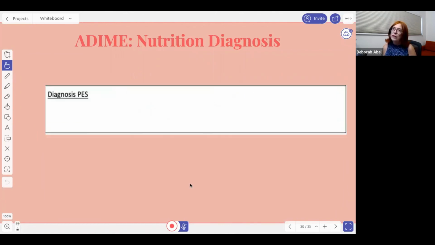Most of the points that you earn for this scenario are in the ADIME note, particularly the diagnosis, the PES, the nutrition diagnosis, the nutrition intervention, and the monitoring and evaluation. So with this baby, there's actually 2 different nutrition diagnoses that you could use.